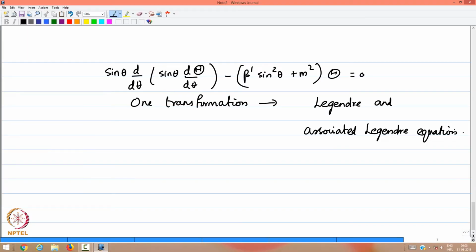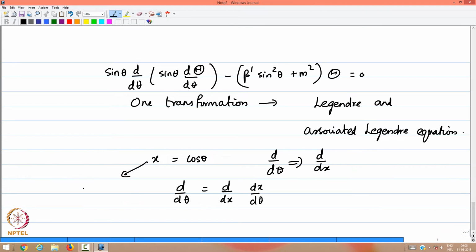Okay. So now you make the transformation that x is equal to cos theta, and write d by d theta in terms of d by dx. Now you know that d by d theta is going to be d by dx times dx by d theta, and dx by d theta for x equal to cos theta is, if you take the derivative with respect to theta, minus sin theta.